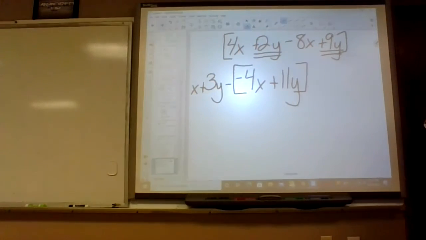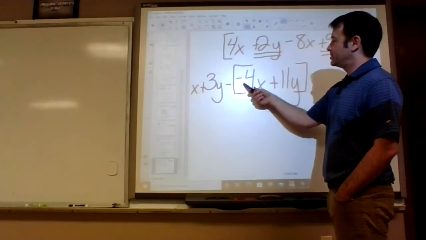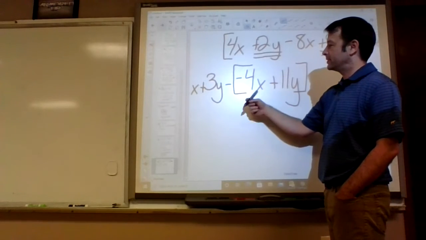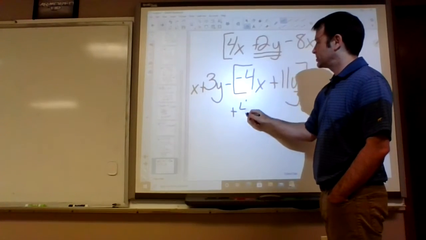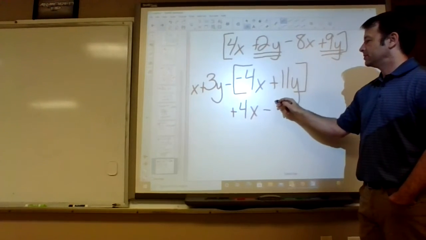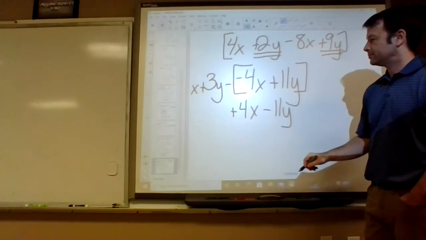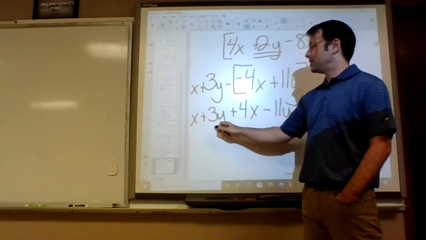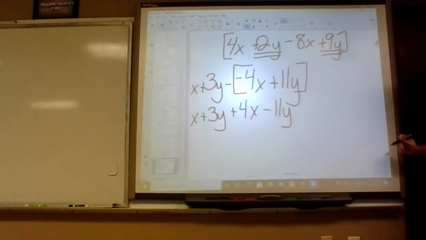Now what? Plus 4x. So just like we did with the parentheses, we need to subtract all this. These are basically parentheses that just look a little different. So plus 4x and minus 11y. If you're subtracting a negative, you're adding it.